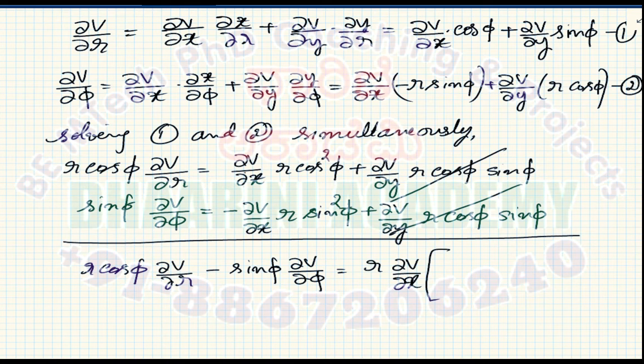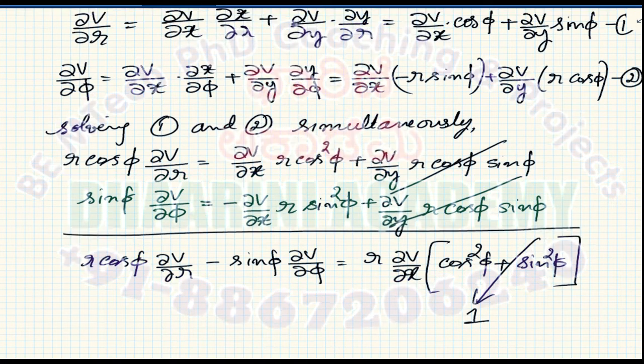I take it out, right? The second term anyway is positive now because we are doing a subtraction. So this is cos square phi plus sin square phi, and I know that this term is 1.